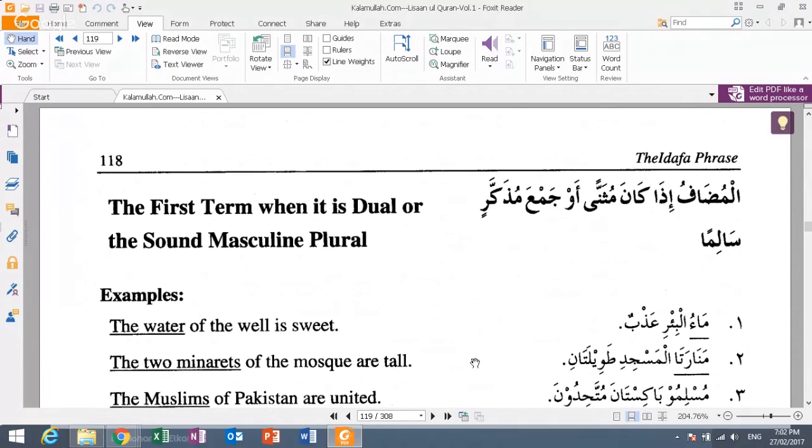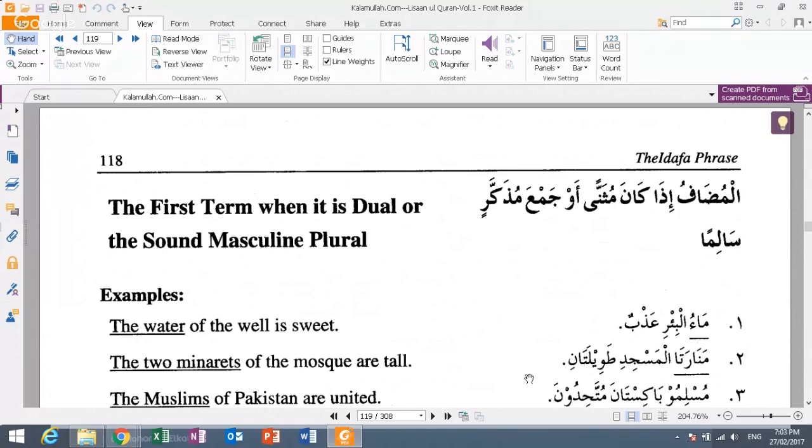If it is nasbi or jarri case, Muslimina, and you ascribe this to another noun, you drop the noon. So Muslimi al-Madinati, Muslimi al-Qaryati, Muslimi al-Bayti. You understand? So basically we will drop the noon from tasniya and from jama muzakkar salim. Any questions so far?